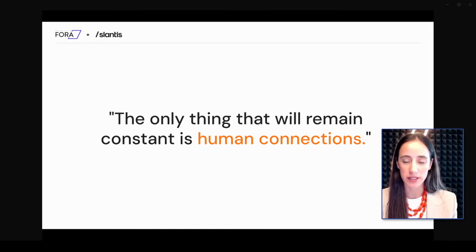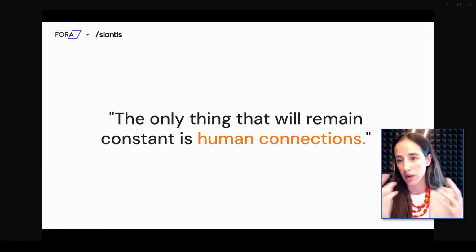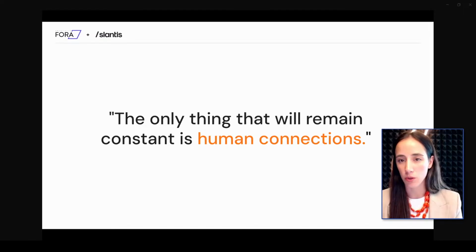In Sapiens, Yuval Noah Harari talks a lot about how human cooperation is what has pushed humanity forward, and how this will remain constant through time, regardless of the different types of technology. Through his book, he explains the written systems, then the printing machine, and then technology, and now the next disruption, let's say, which is AI.